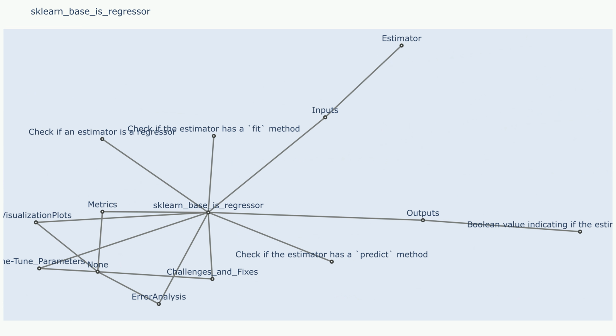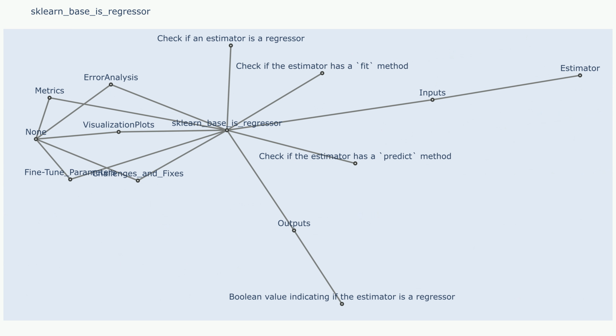Scatter plots plotting predicted values against actual values can help visualize the model's fit and identify potential outliers. Feature importance plots for tree-based models.